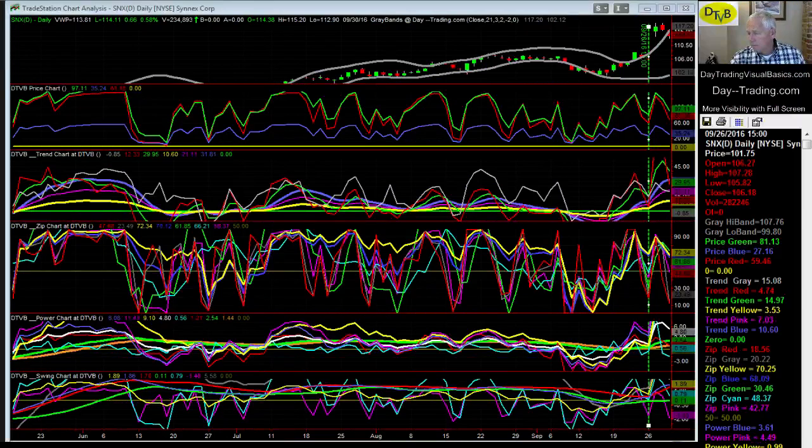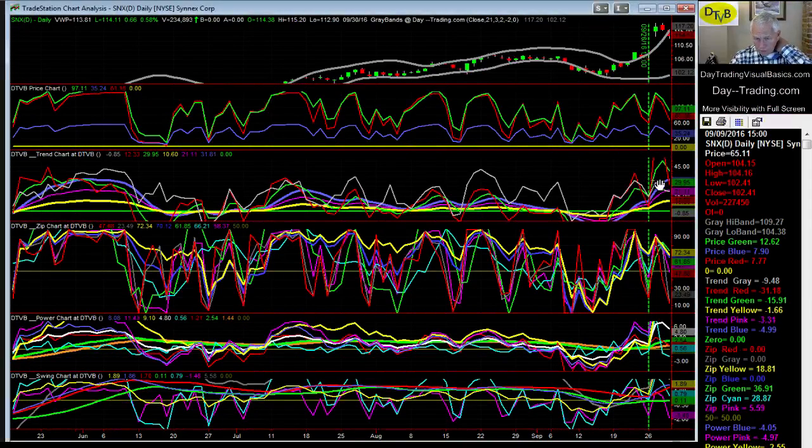And then one of the more important things is that we have proximity groups. The proximity group is basically, I'll explain it right in here on the trend chart.